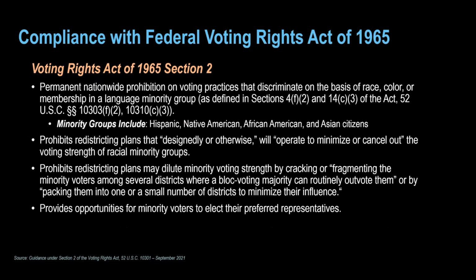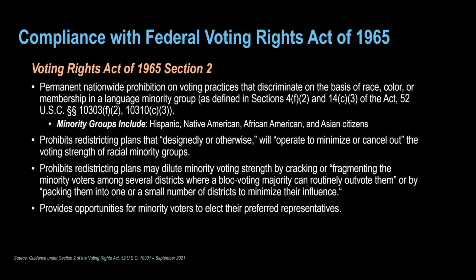So in conjunction with the Secretary of State's requirements, we also take into consideration the requirements for compliance with the Federal Voting Rights Act of 1965, where that applies and concerning minority groups, making sure that we don't design or operate to minimize or cancel out the voting strength of minority groups within the Los Lunas area.